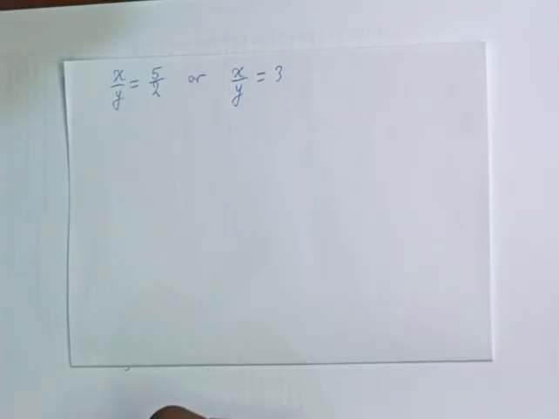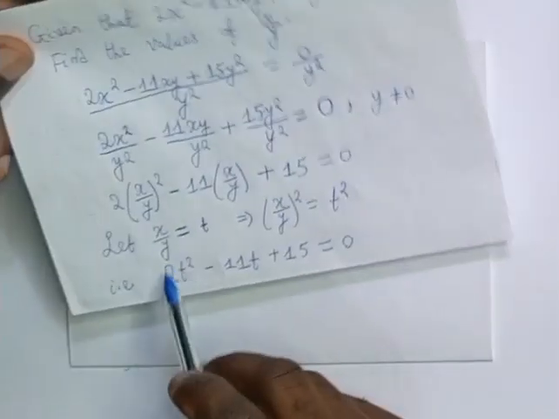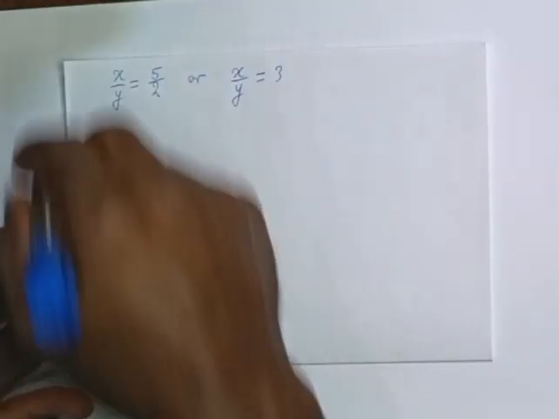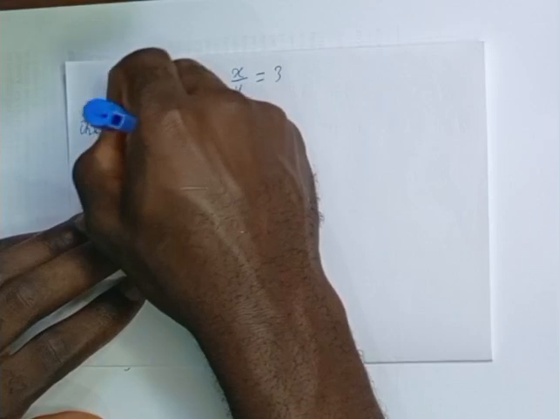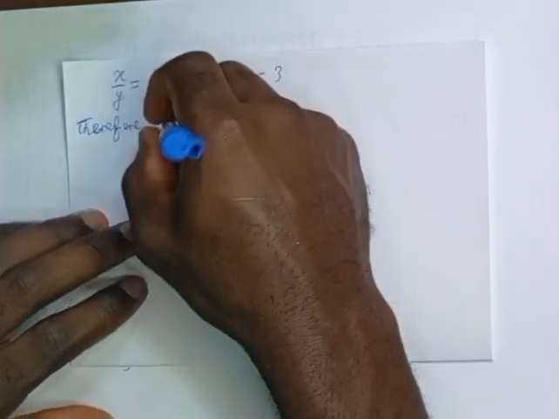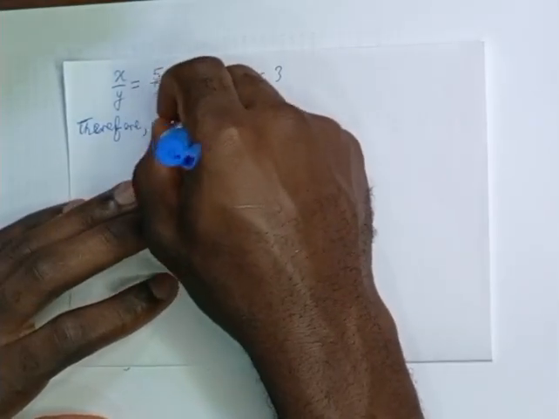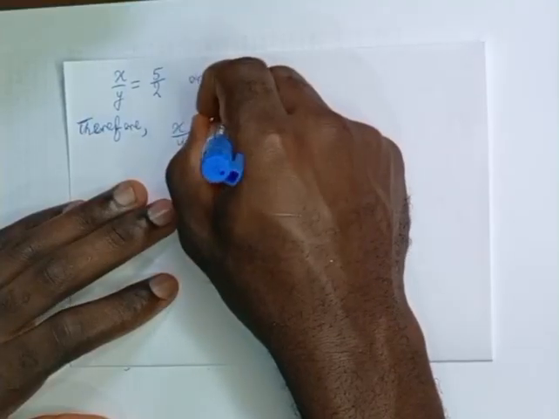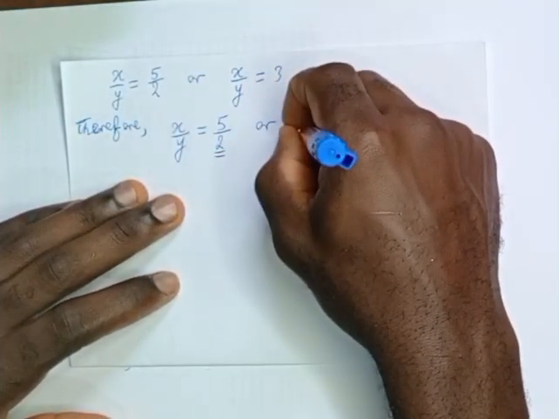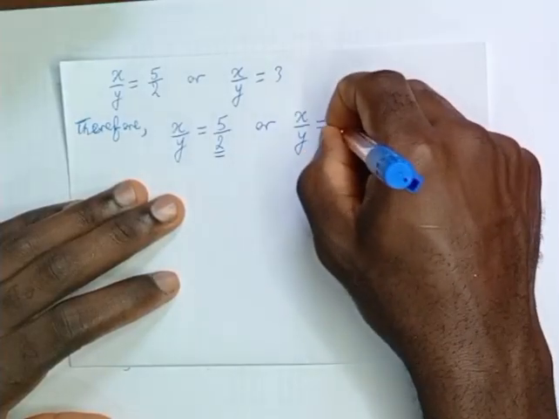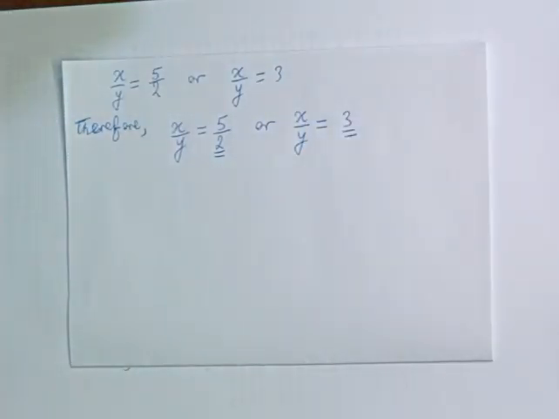Therefore, x on y is equal to 5 over 2, or x over y is equal to 3. These are the two possible values of x over y.